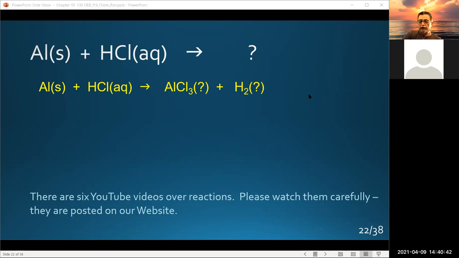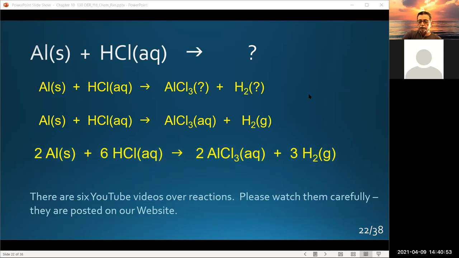I can do this any number of ways, whatever way works best for you. But don't forget your system here. I had 3 chlorides up here. Well, I could start off by putting 3 here. That kicks up my hydrogens to 3 hydrogens, but it messes up my system because I got 2 hydrogens on the right side.